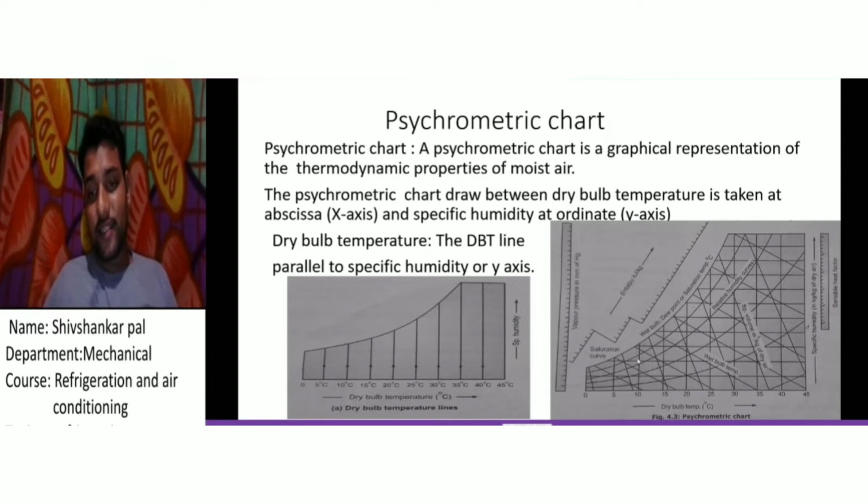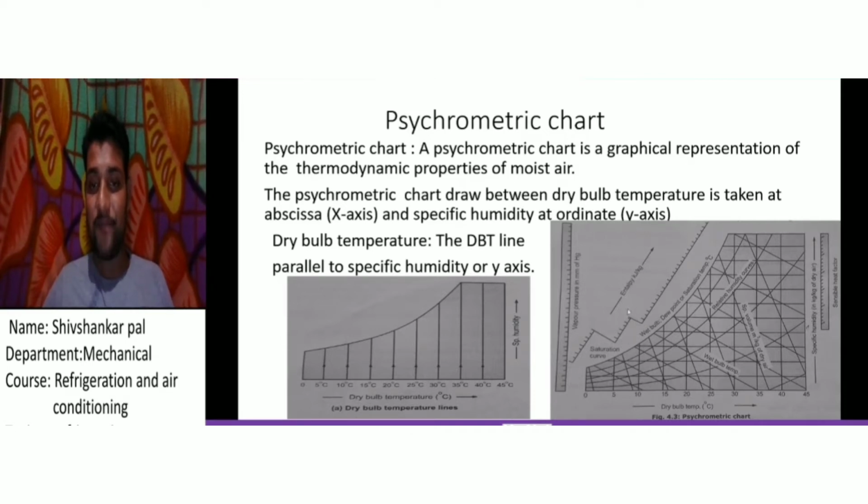In this chart you see the curved part, which is known as the saturation curve. On this saturation curve, two temperatures lie: the dew point temperature and the wet bulb temperature. Both temperatures lie on the curve, and the enthalpy values are given along it.